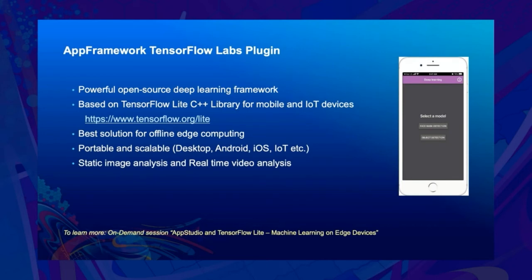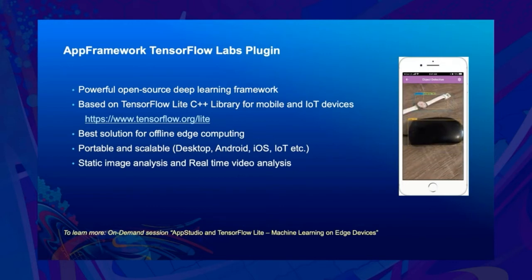The TensorFlow Lite C++ library that we use in AppStudio enables on-device machine learning inference with low latency and a small binary size. TensorFlow Lite works with a huge range of devices, which makes the AppFramework TensorFlow plugin work on all the supported desktop and mobile platforms.